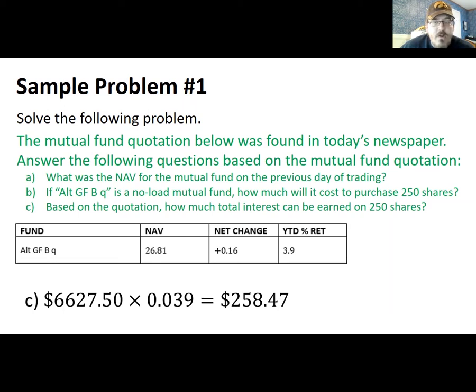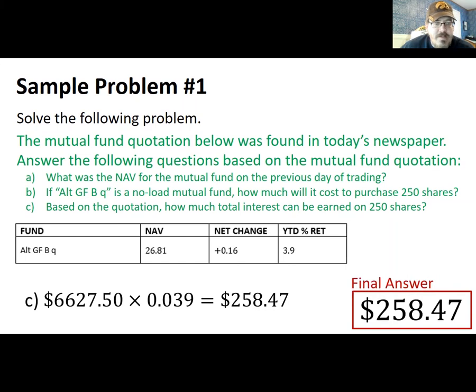And so for this investment, we would expect to earn $258.47. So there you go. That's how much you'll get back by investing in these funds in terms of the amount of interest that should come back to you. Obviously, the higher the rate of return, the more interest that you'll earn, and the better you will do on that particular investment.